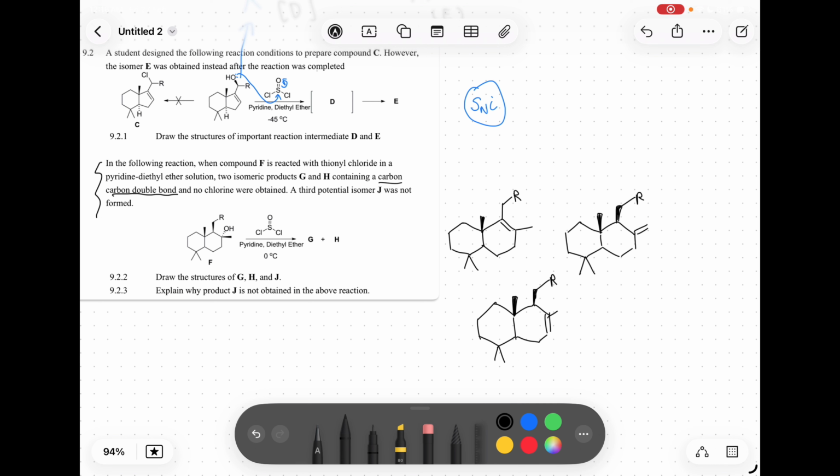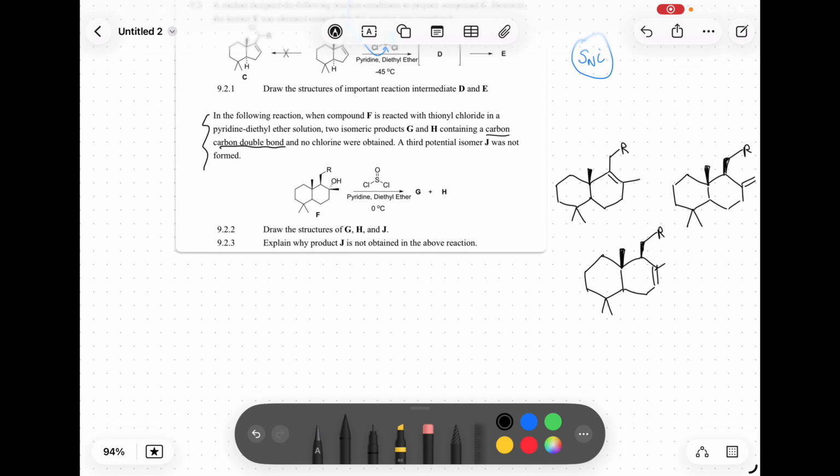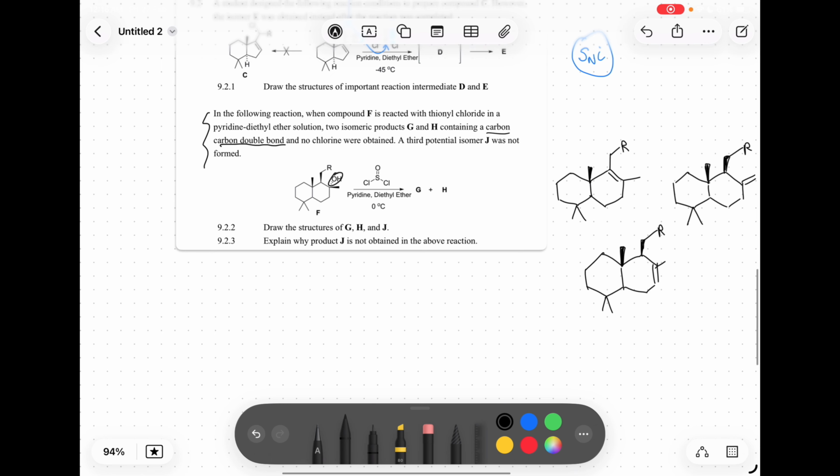So we see that if we basically replace this OH with a Cl, so if this thing undergoes an SN2 reaction, then you're going to have this, and you're going to have the Cl pointing out. And now the Cl group has to leave.